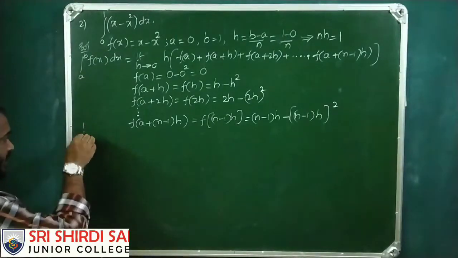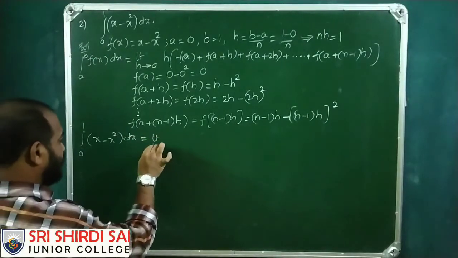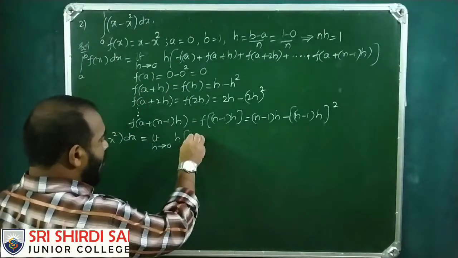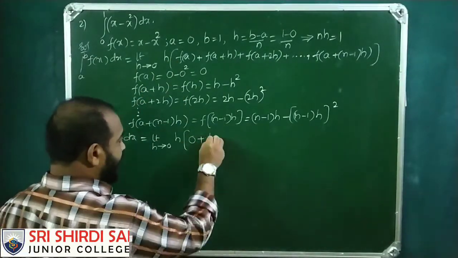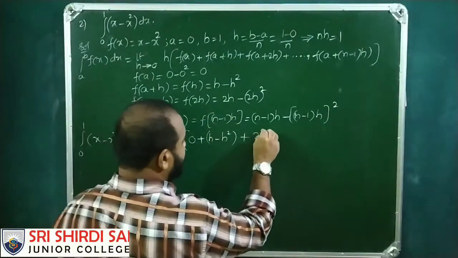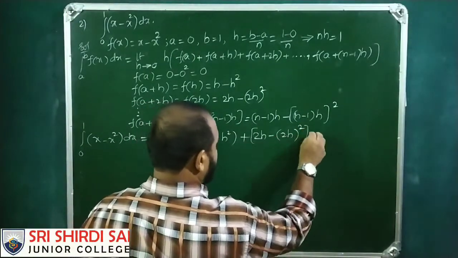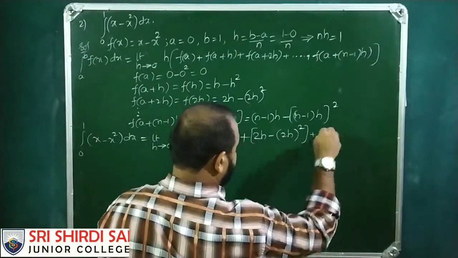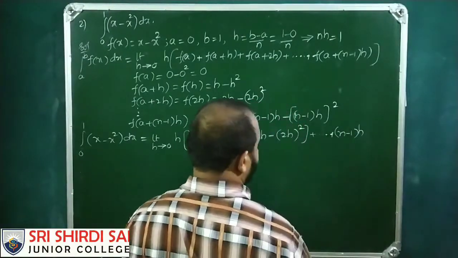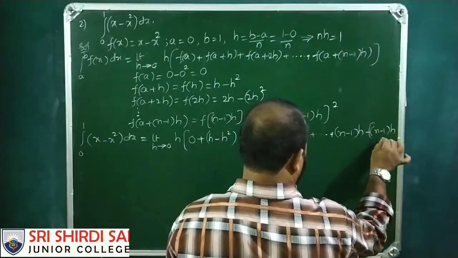Integral 0 to 1 of x minus x square dx equals the limit as h tends to 0 of h into [the value of f of a is 0, plus h minus h square plus 2h minus (2h) whole square, etc., plus (n minus 1) into h minus ((n minus 1) into h) whole square].